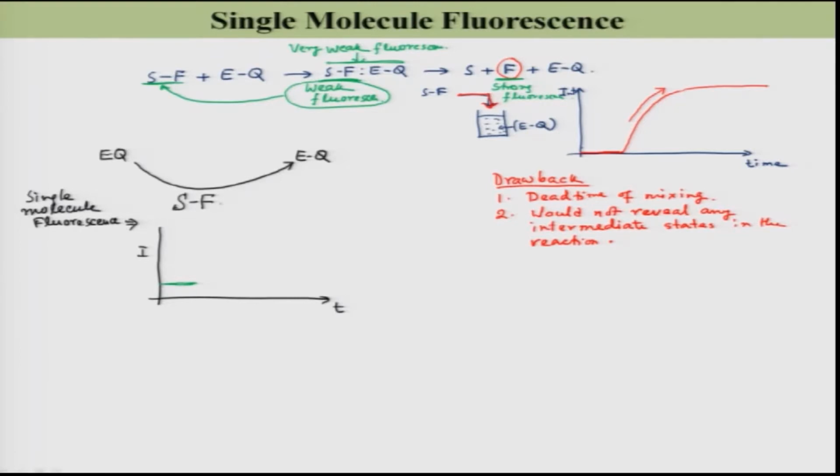So, the fluorescence intensity of SF you are looking at is like this, but when this EQ binds to SF, the fluorescence intensity will decrease.